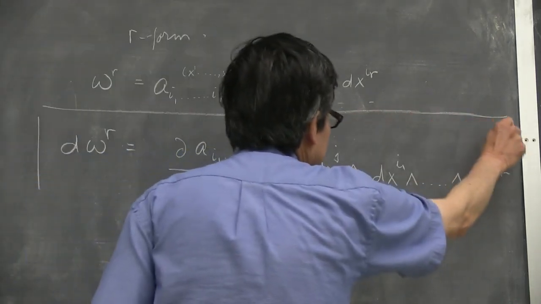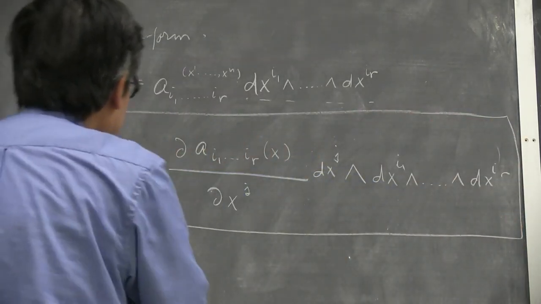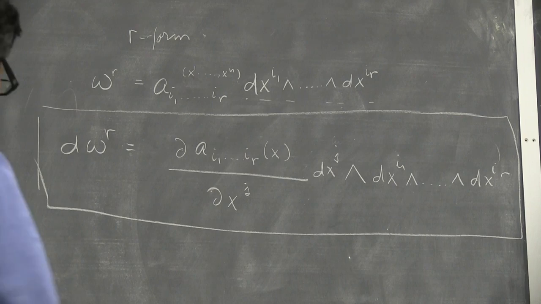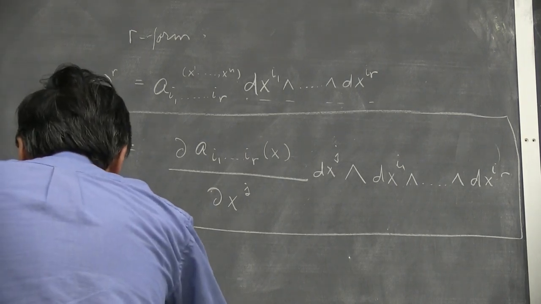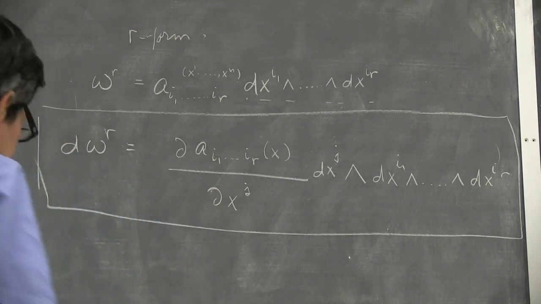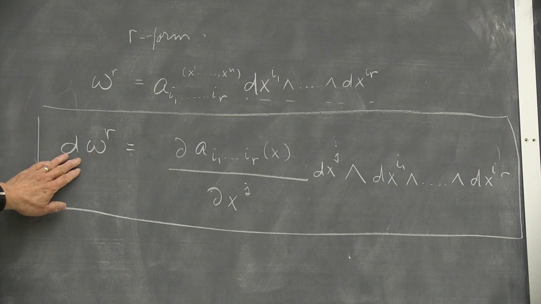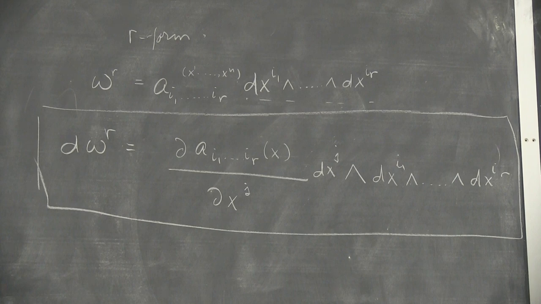Now, out of this rule, you can immediately prove 2 very important rules. The first one is called the product rule of exterior differentiation. And the second one is the fact that d squared is always equal to 0. Let me write the second one first. Both of these can be proven from this formula for the calculation of exterior derivatives.